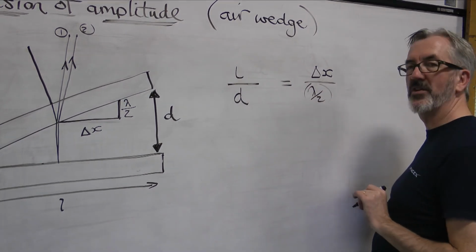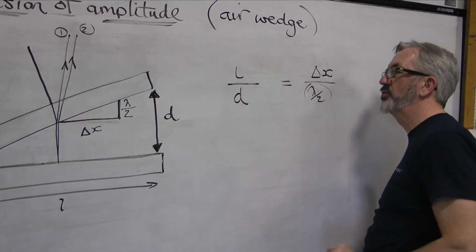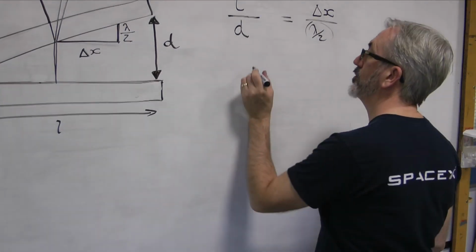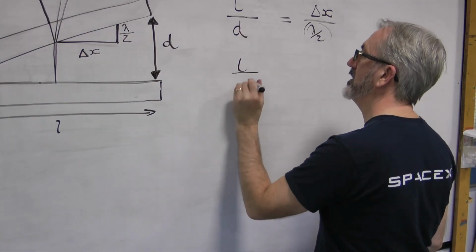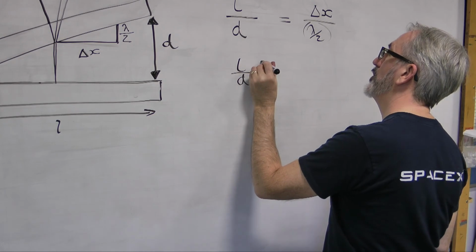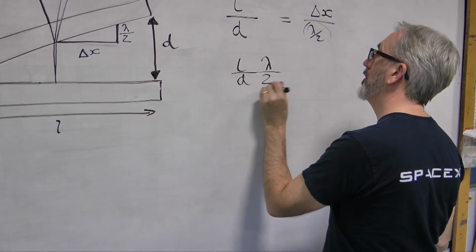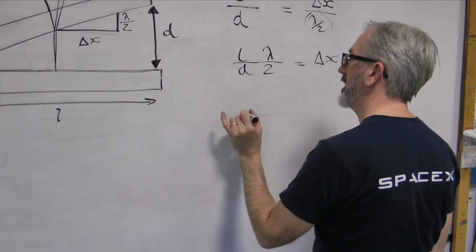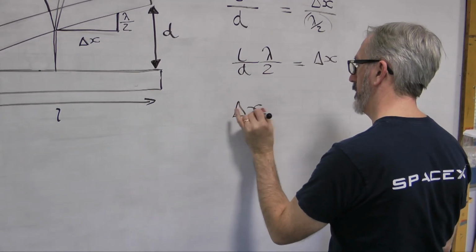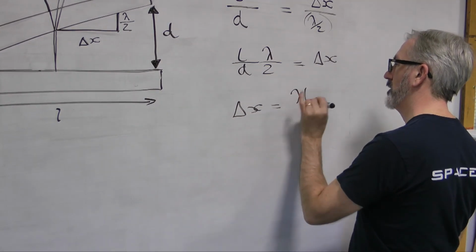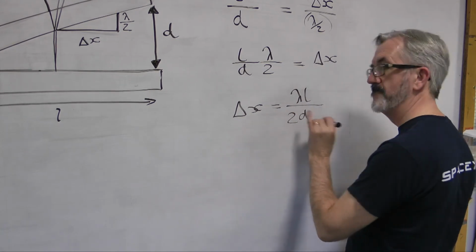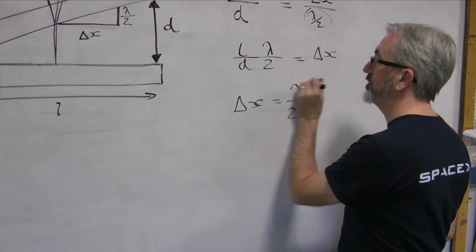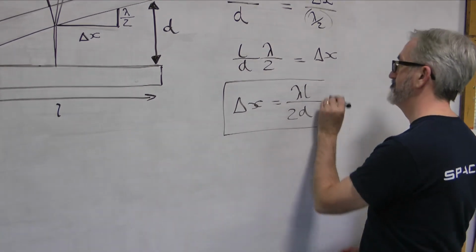And then if we rearrange it to get delta x on its own, delta x equals L over D times lambda over 2, or delta x equals lambda L over 2D. That relationship is on your relationship sheet.